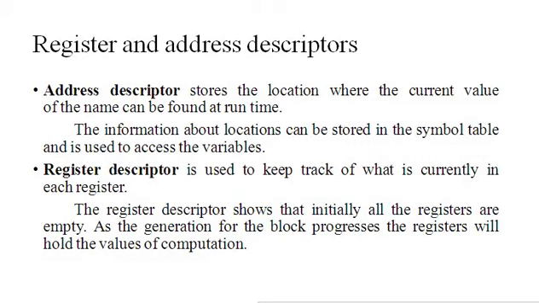The register descriptor is used to keep track of what is currently in each register, and it shows that initially all the registers are empty. As the generation for the block progresses, the registers will hold the value of computation.